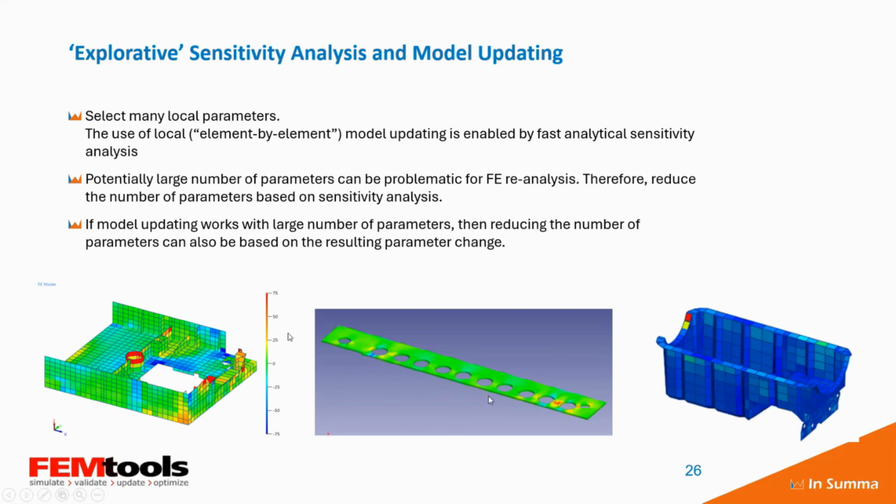I have here a few examples where you can see either a sensitivity or a result of updating, where, like in the middle example, green is zero change, and all the change is in those localized areas, which you can then interpret. In this case, it could be related to damage caused by stamping the holes into that plate.